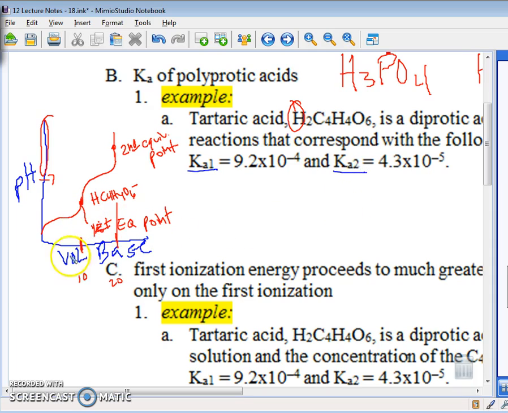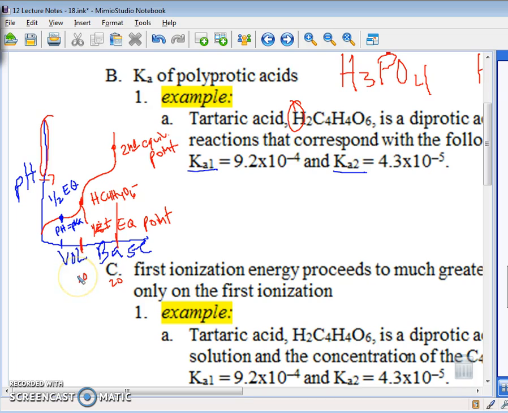So where does that occur? We look at just the first titration. Where's the half equivalence point? Halfway of the first addition of base. Here, at the half equivalence of the first, the pH right there equals the pKa.